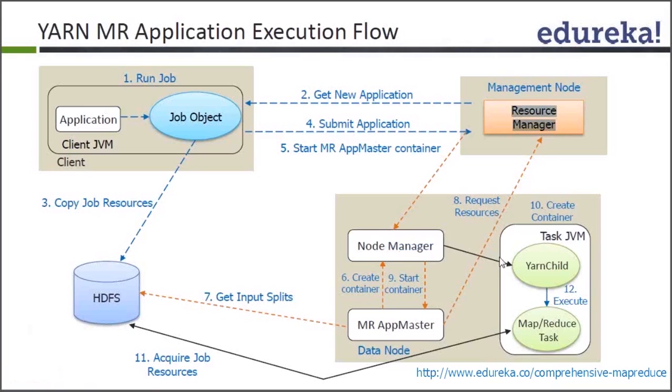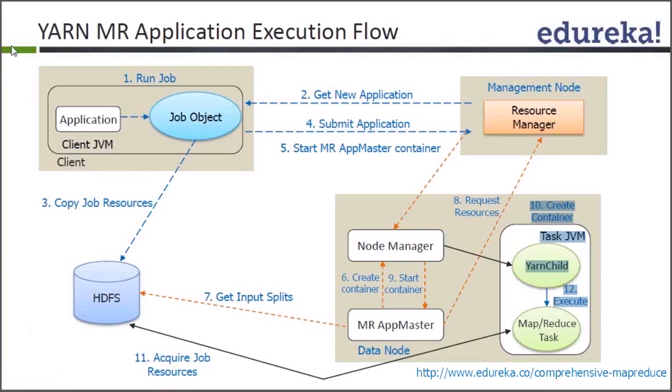The node manager on different machines will start the map and the reduce task. That is step number 10. Each task will talk to HDFS to get the job resources, step number 11, and finally the map and the reduce get executed. So remember, the application master is one container, a separate JVM, and the map and the reduce is another JVM.